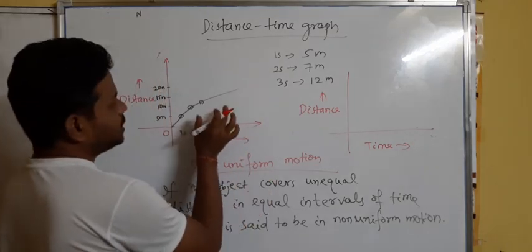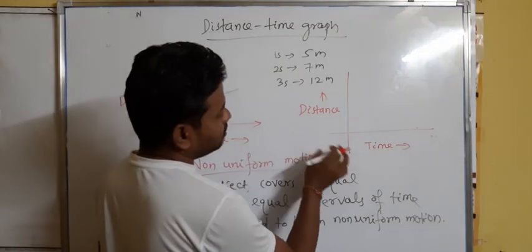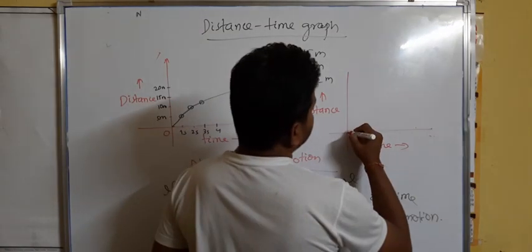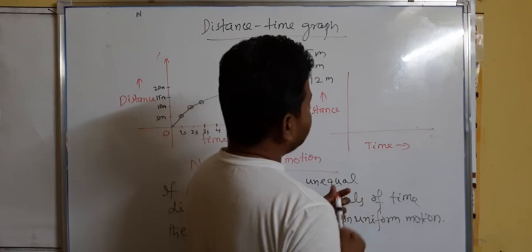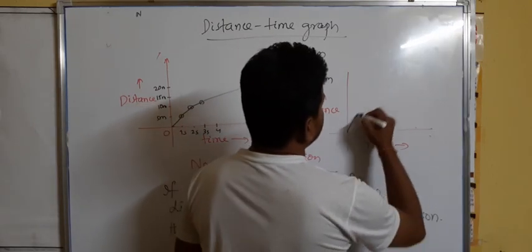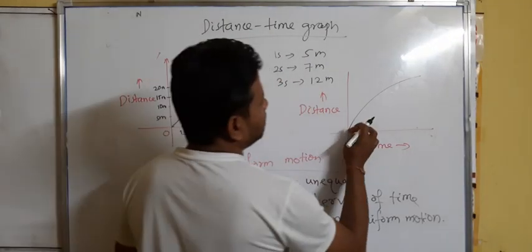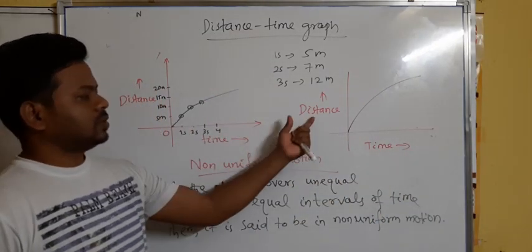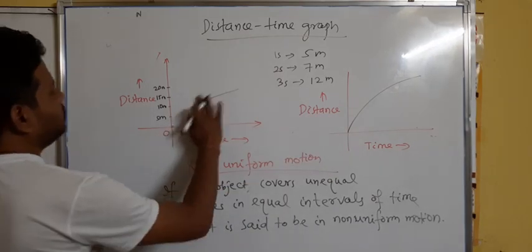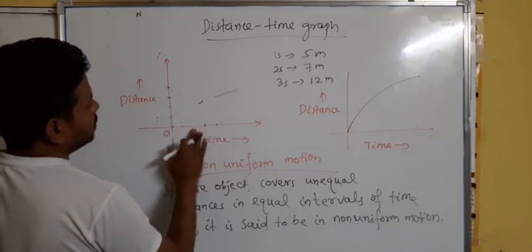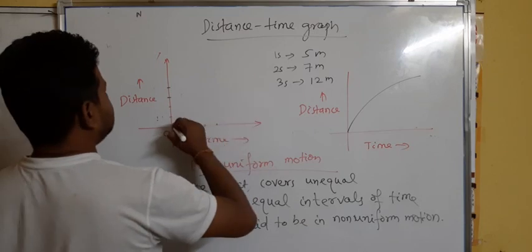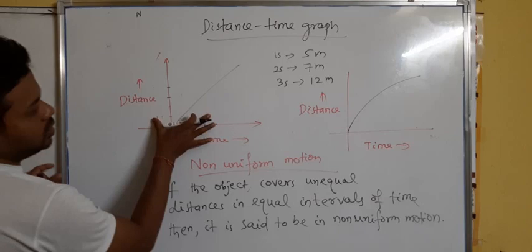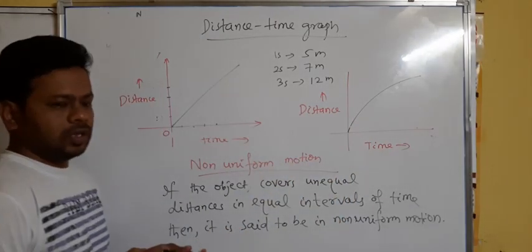If data is given, it's okay, but if you simply have to draw the distance time graph for non-uniform motion, then draw any curved line here, like this, or maybe like this. Any curved line represents non-uniform motion, whereas if the distance time graph is straight, then it is uniform motion. This is for uniform motion, this is for non-uniform motion.